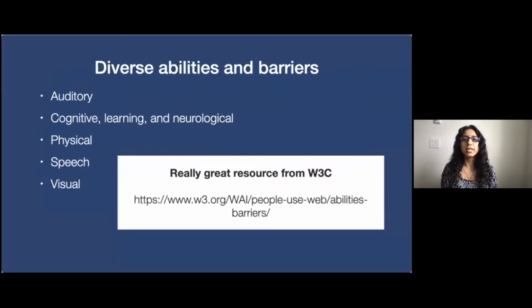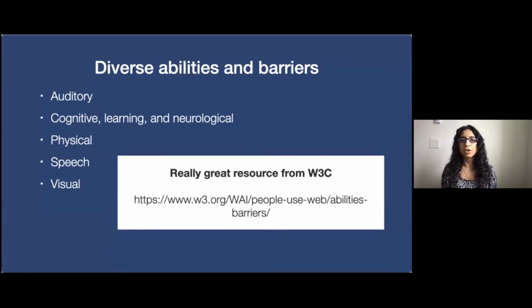To truly give all people equal opportunities, which is what we're trying to do when we design for accessibility, it's important to be aware of all of the different, varied experiences that people with disabilities have when it comes to how they access the web. The W3C has a really great resource about the diversity of abilities and barriers that people experience.